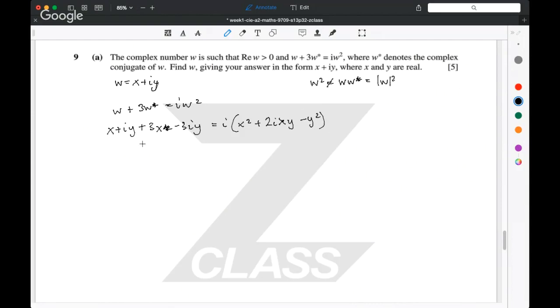And now I'm going to equate real and imaginary parts on both sides in the same way that we equated cosines and sines before. And that's because they're independent. It's like a vector, really.